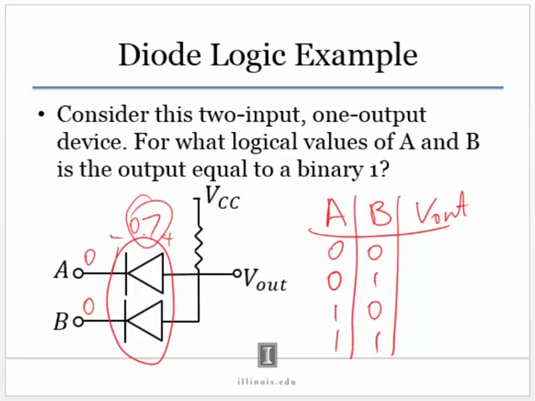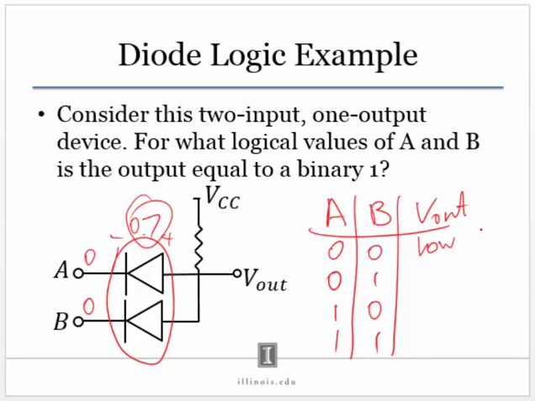This is all the same node, so it's going to show up at the output as 0.7 volts. Is 0.7 volts high or low in our logic system? If you answered that 0.7 volts is low, you're right. So this is going to be low.